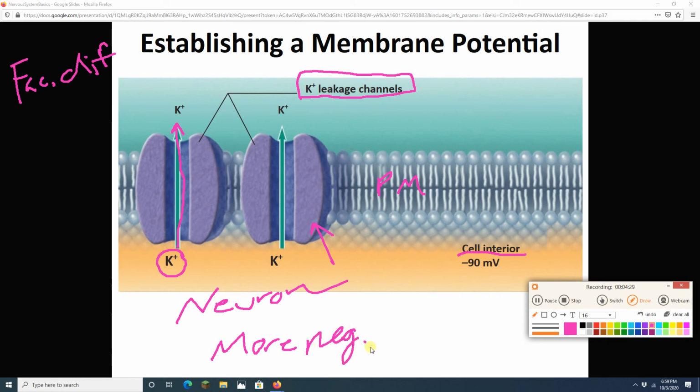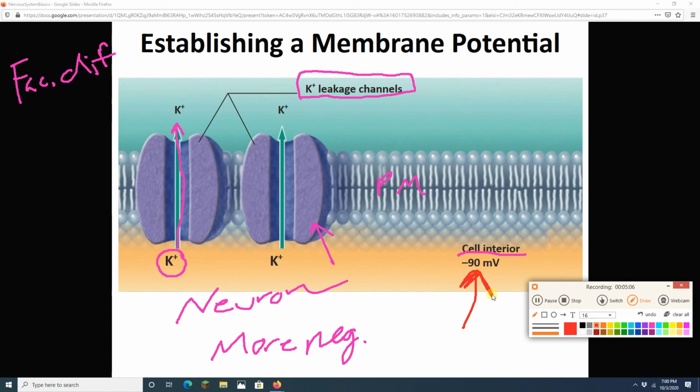So right now we have 2 proteins that contribute to this resting membrane potential. The action of the sodium potassium pump and then the presence of these potassium leak channels is going to cause the interior of the cell to be more negative than the exterior. Okay, good. In fact, if it's up to these 2 proteins, the interior of the cell will have a resting membrane potential of negative 90 millivolts.